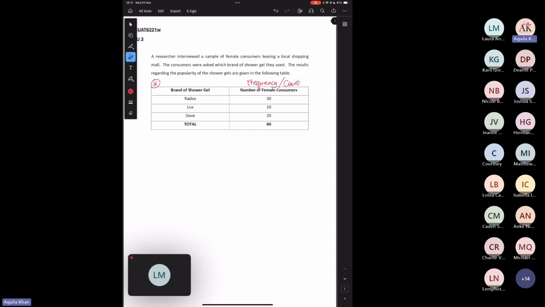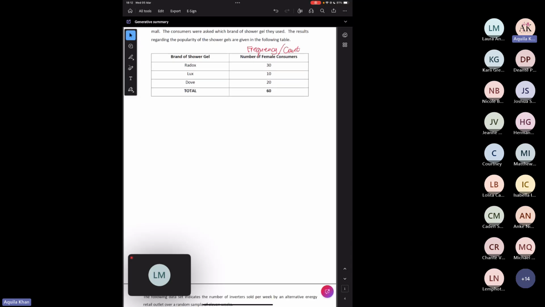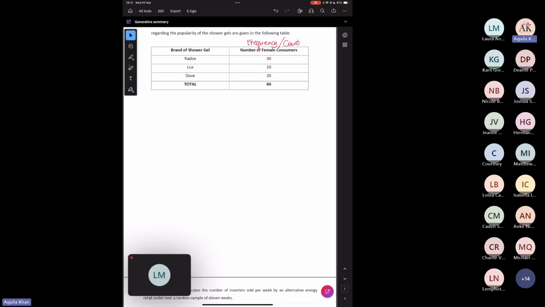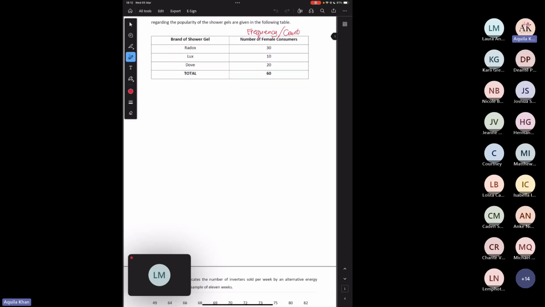For a bar chart, it's quite straightforward once this table has been provided, because all you're doing now is literally drawing up your bar chart. I'm just going to scroll a bit here, and I'm going to tell you how the marks are allocated for these, because if I'm not mistaken, it's definitely included in your assignment too, either the bar chart or the pie chart.